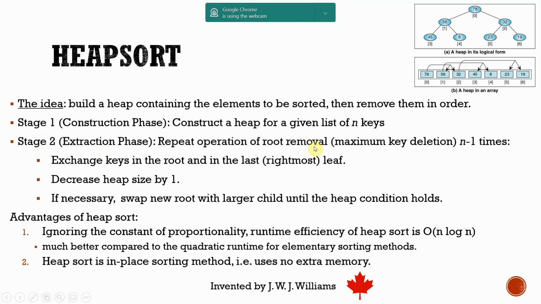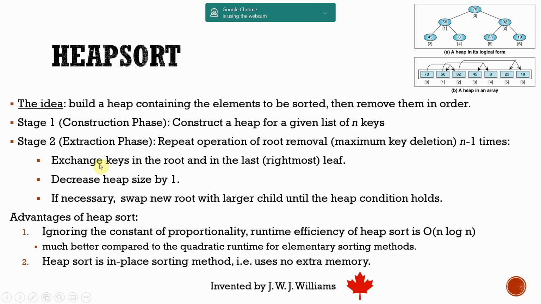If we have a max heap, we remove the maximum number inside the heap, which is in the root. And if we have a min heap, we remove the minimum number of the heap, which is again stored in the root. And we do this process n-1 times.